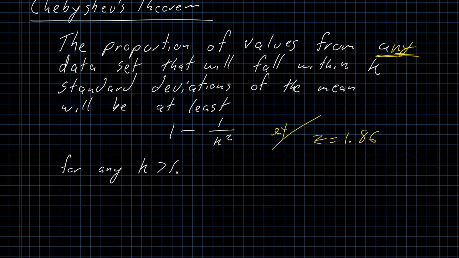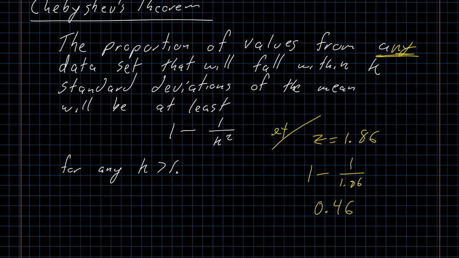If we plug that value in for k, 1 minus 1 over 1.86, my calculator is very happy to tell me is 0.46. All right.